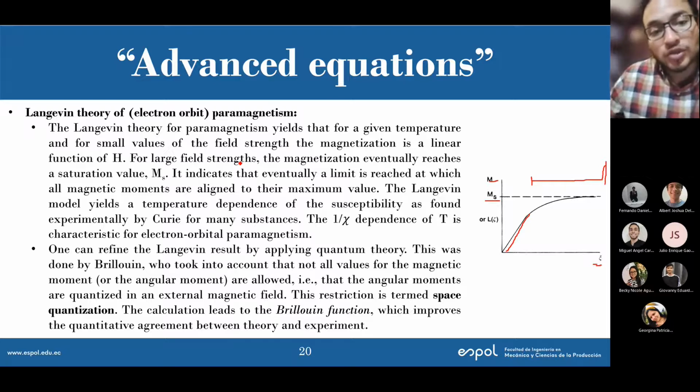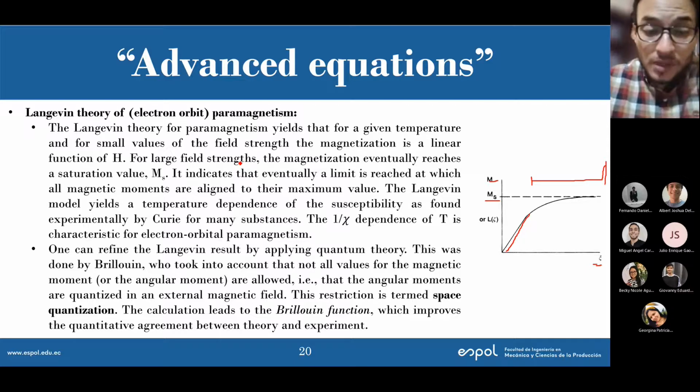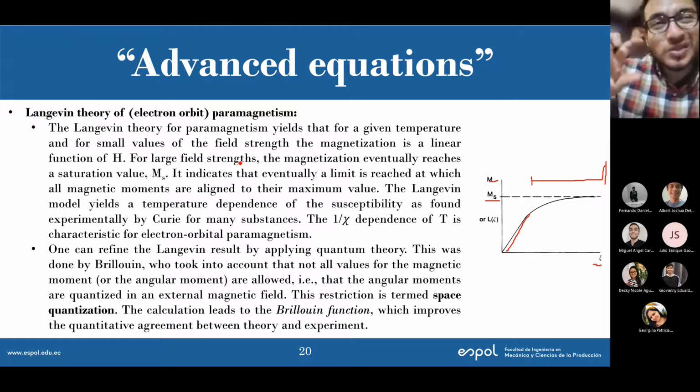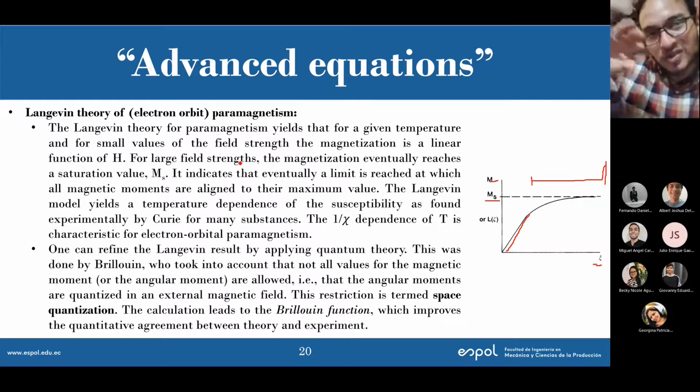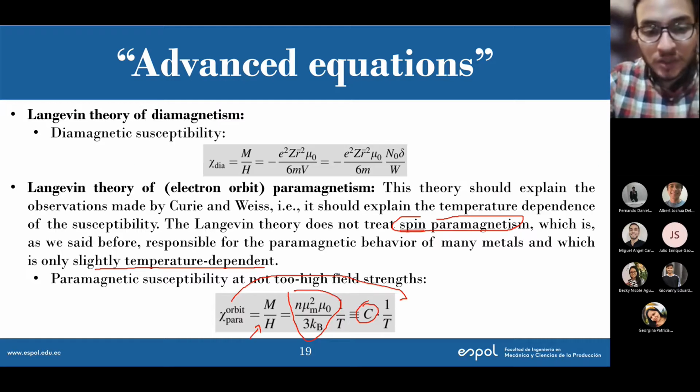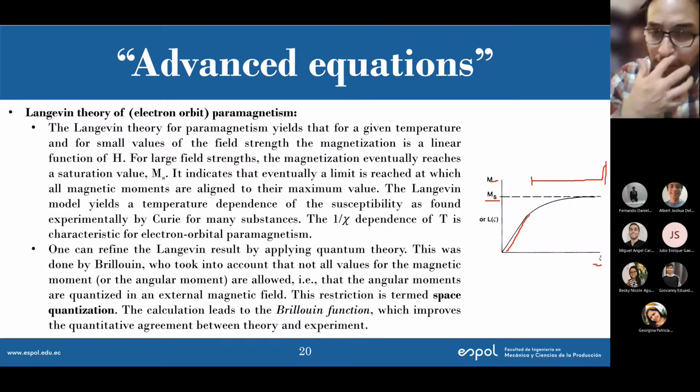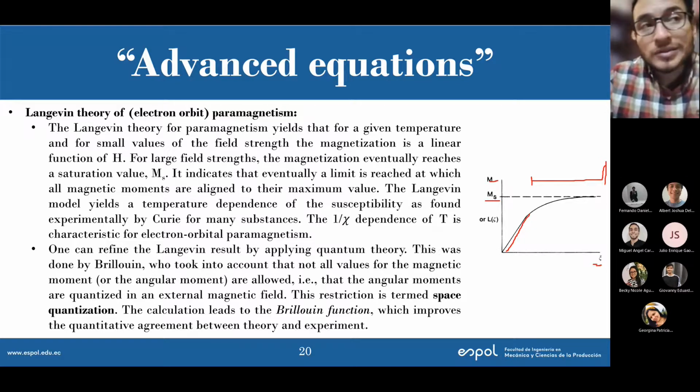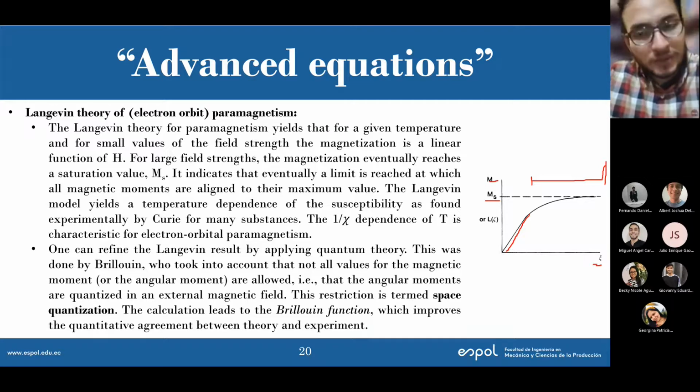So only certain magnetic domains will align. And that leads to the Brillouin function, which at the end is just an extra term that you add in that equation, and that improves it further, or allows you to get values even closer to experimental values, right?